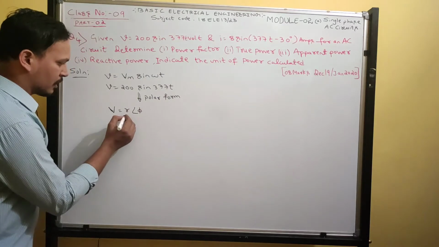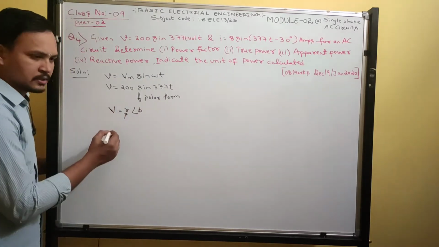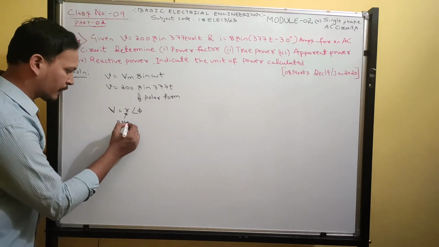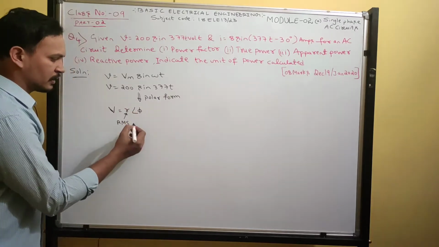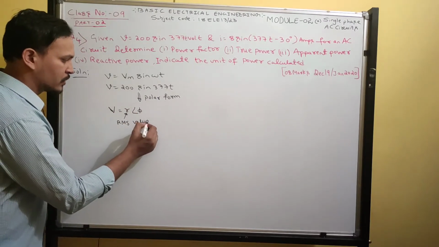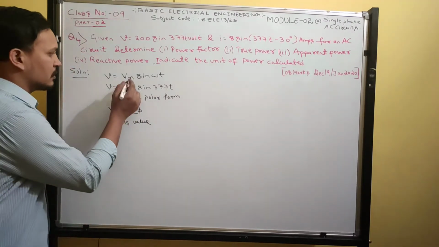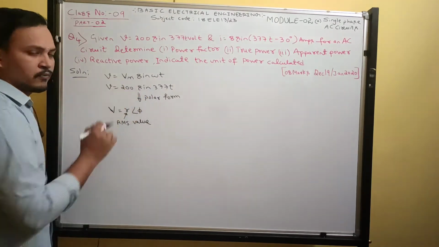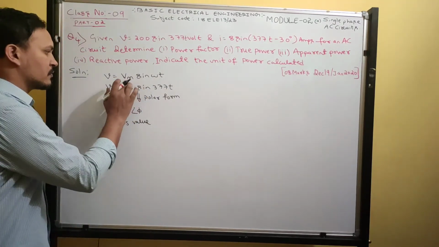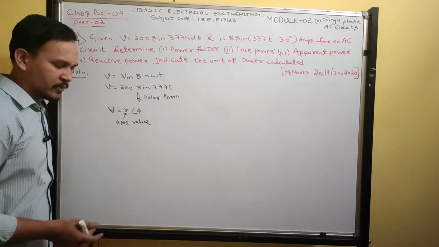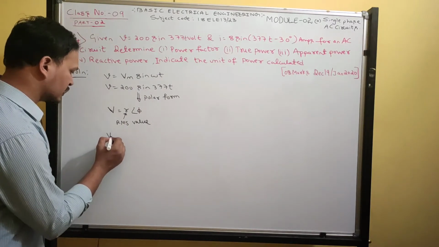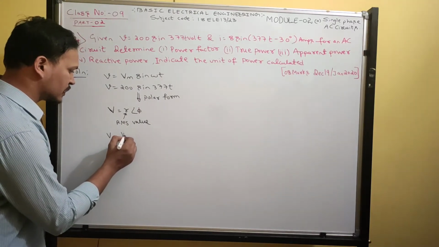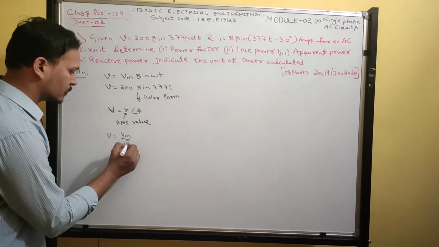How to calculate R? This R, this magnitude, indicates the RMS value. So take the maximum value given, for a sinusoidal waveform, and convert this maximum value into RMS. We have the equation Vrms is equal to Vm by root 2.